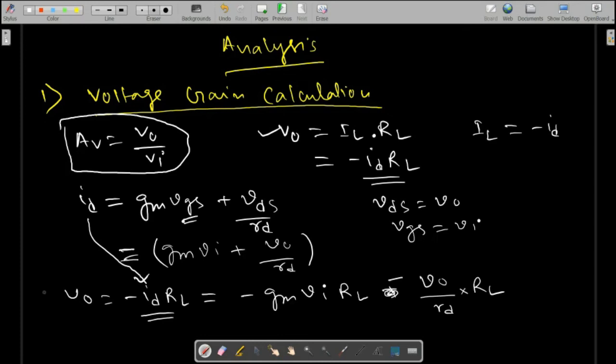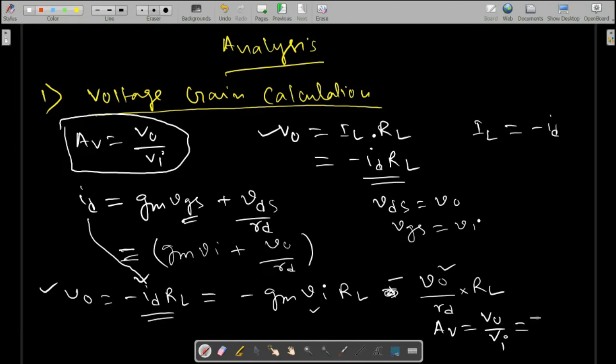What will be the value of AV? That's simple. Because see, left side we have V0, right side we have something with V0. This one we have Vi, so we have to calculate V0 by Vi. So AV is equal to V0 by Vi. If I take V0 common, can you tell me what value I'm getting?